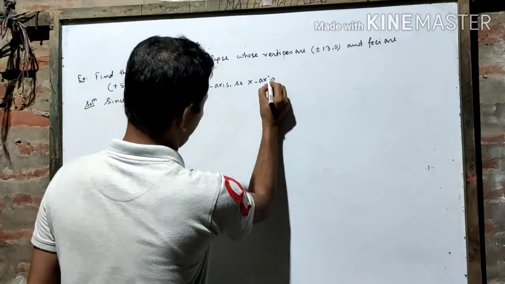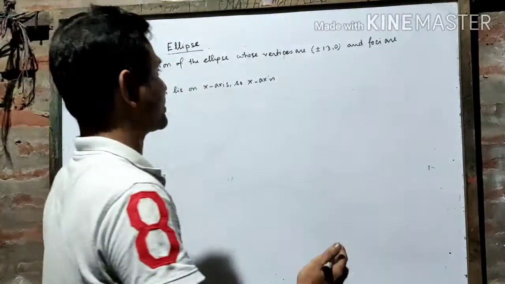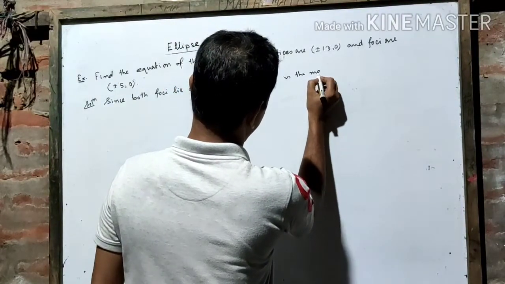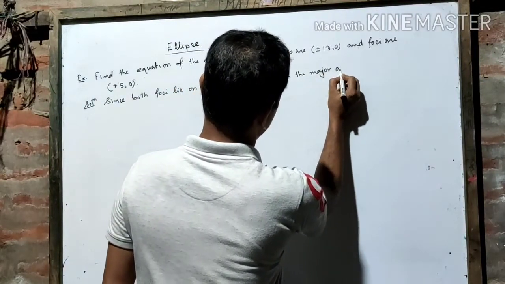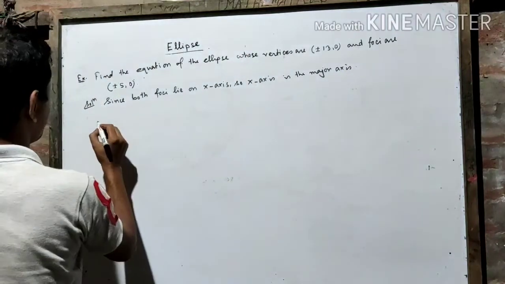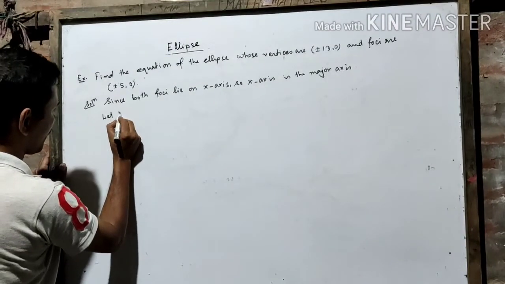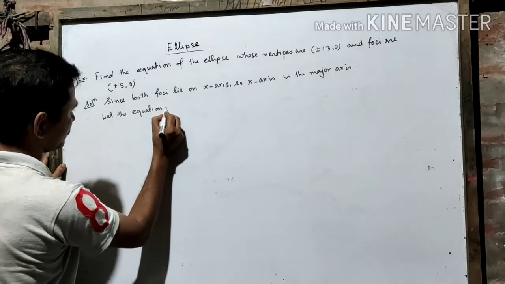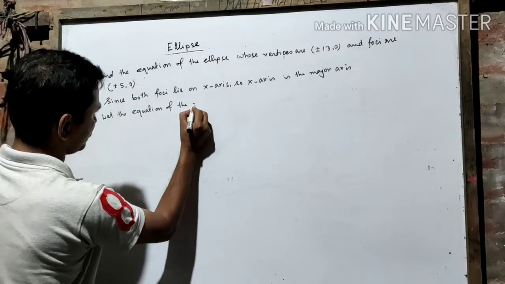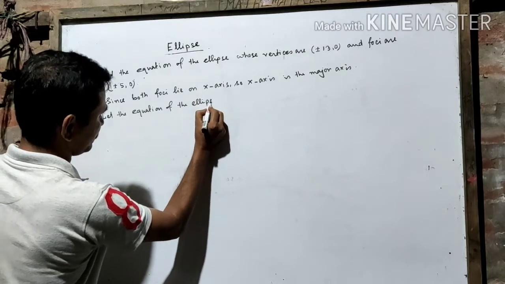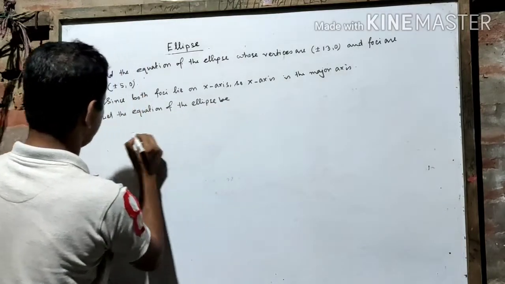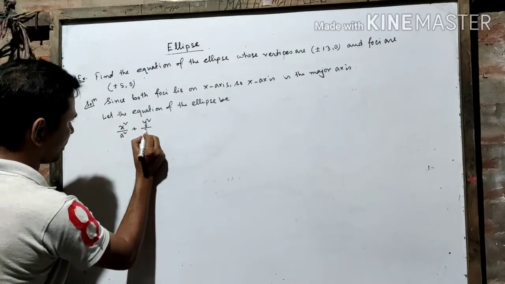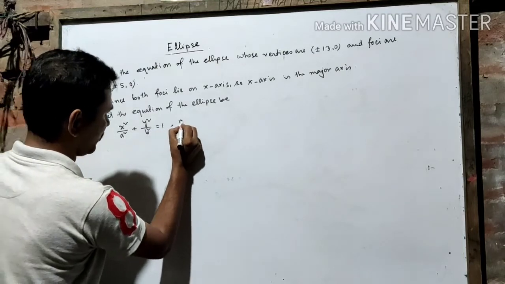What is major axis? The line joining the foci is the major axis. Let the equation of the ellipse be x square by a square plus y square by b square is equal to 1, where a is greater than b.